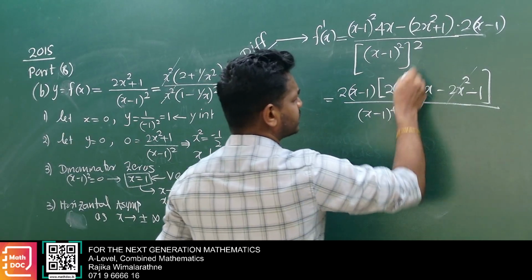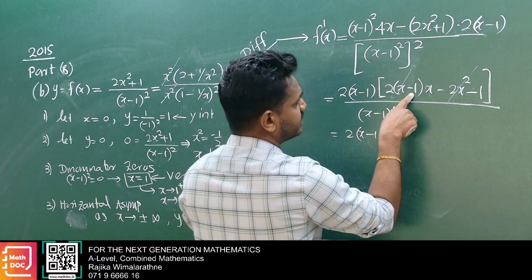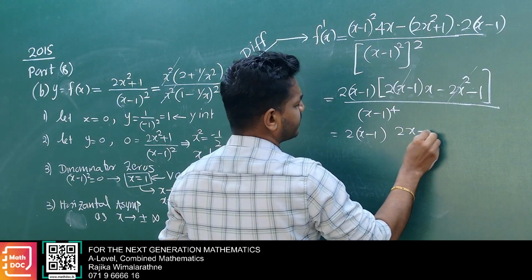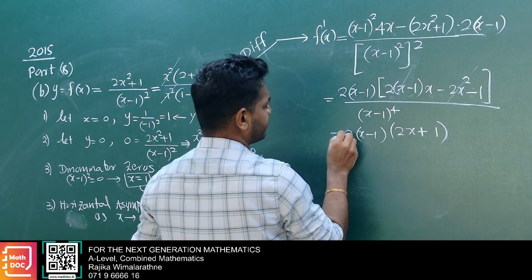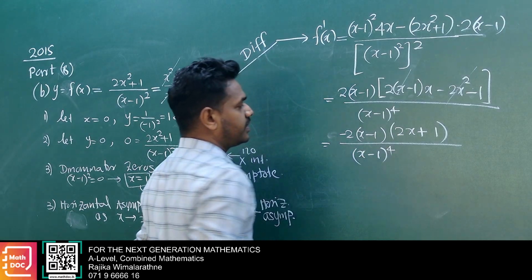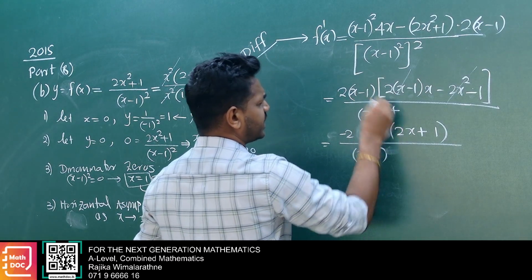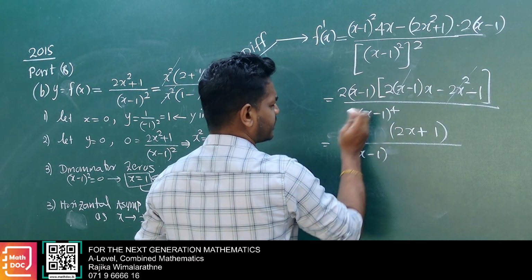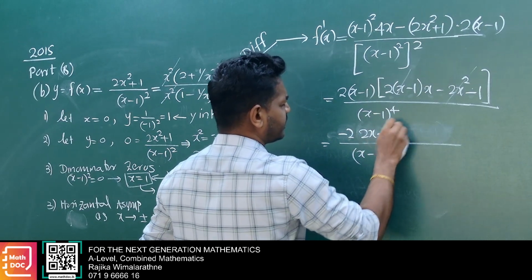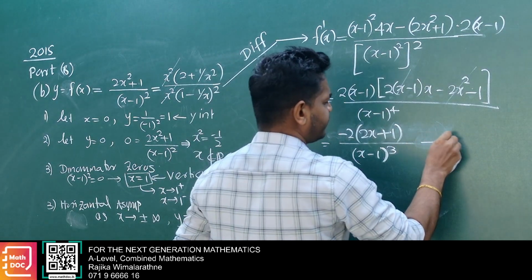Now simplify 2x squared, you can cancel 2 into x minus 1. Here minus 2x minus 1. Then take minus outside. x minus 1 to the power 3. We can cancel one factor. Minus 2 times 2x plus 1 over x minus 1 cubed. Here the derivative now.